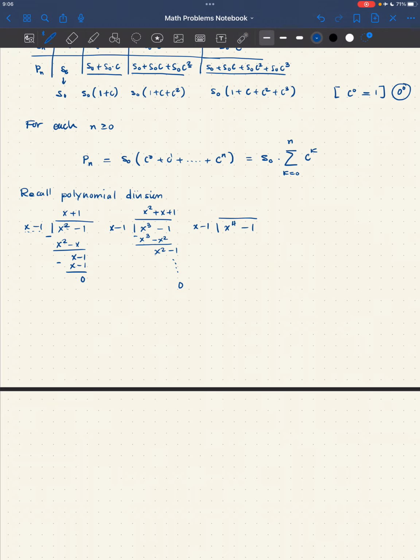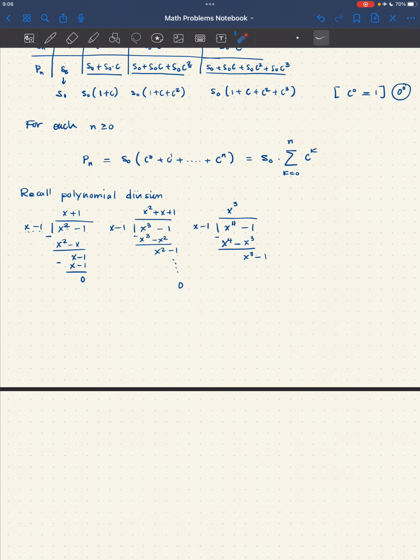So let's write it. Let's start with x cubed. Then I multiply and I get x to the 4 minus x cubed. Of course, I'm subtracting. What I'm left with is x to the third minus 1. But once I get that, essentially what I have to do is take a copy of this process.